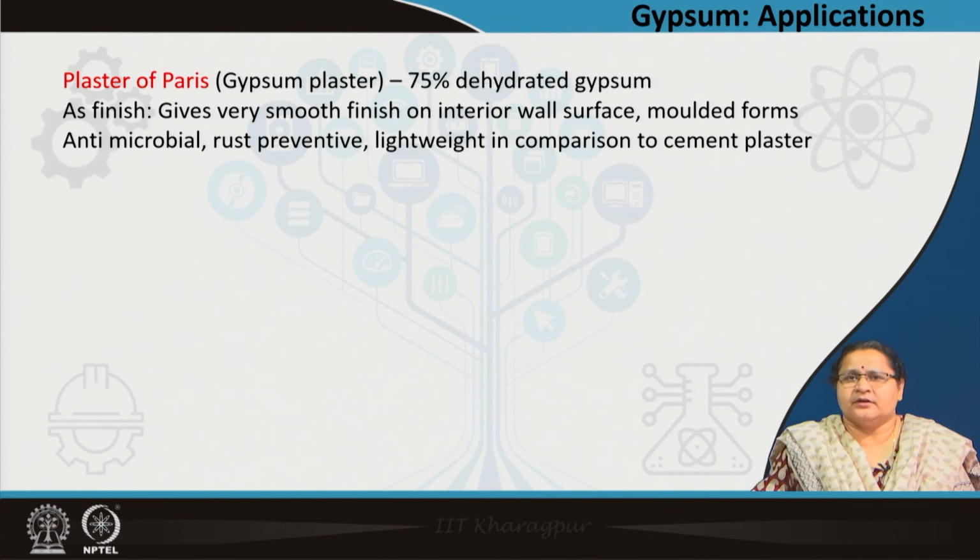You can compare it: it is non-microbial, it is rust preventive, it does not allow water, it is lightweight in comparison to cement plaster. So, if you have a very good interior with good quality brick with nice pointings, you can actually finish with plaster of Paris and instead leave the cement plastering.